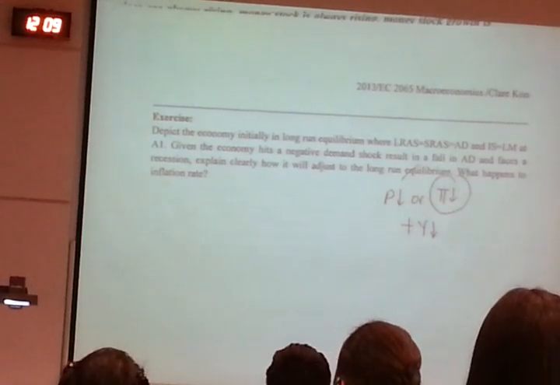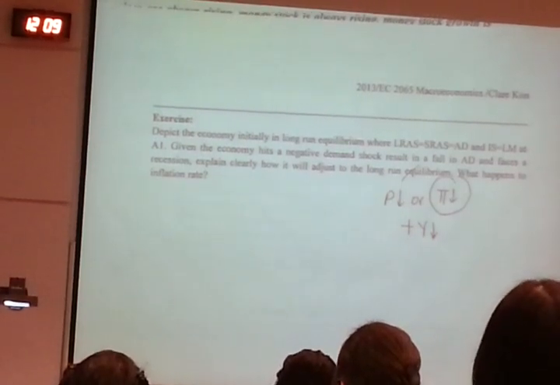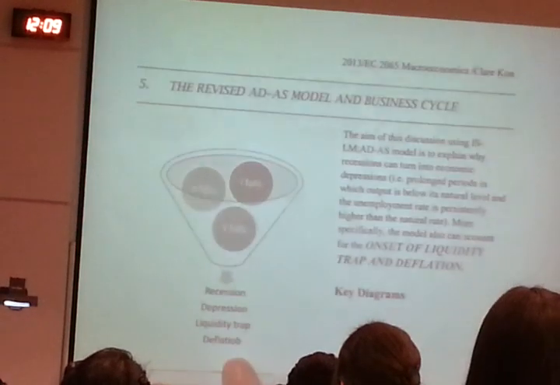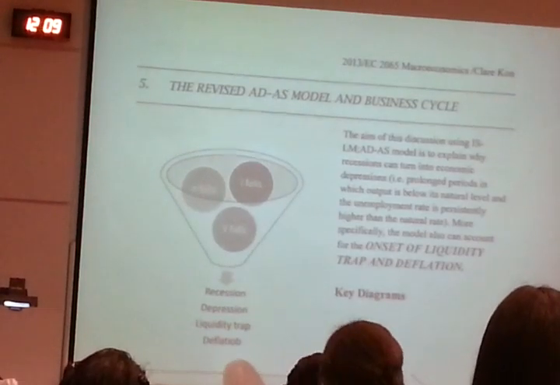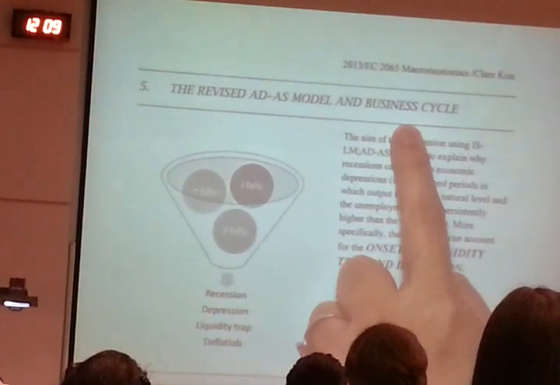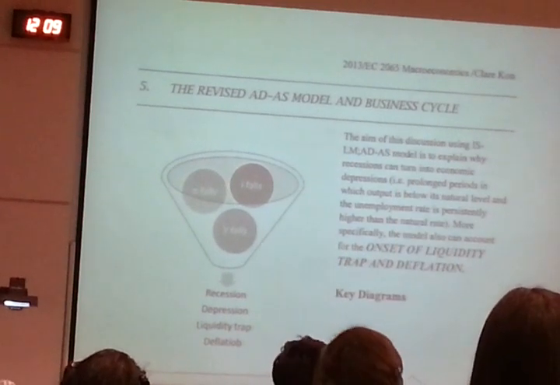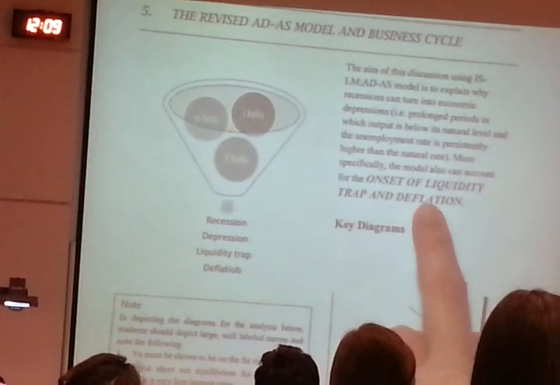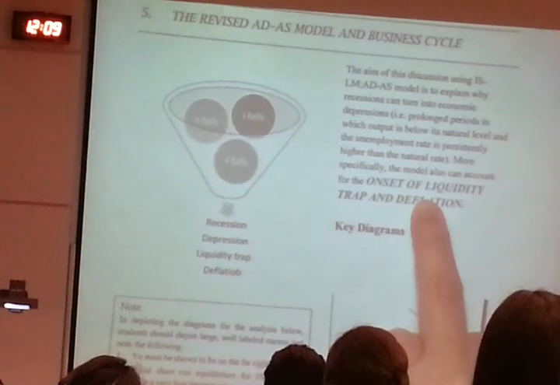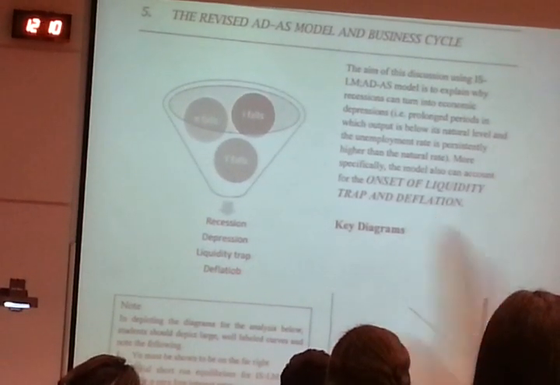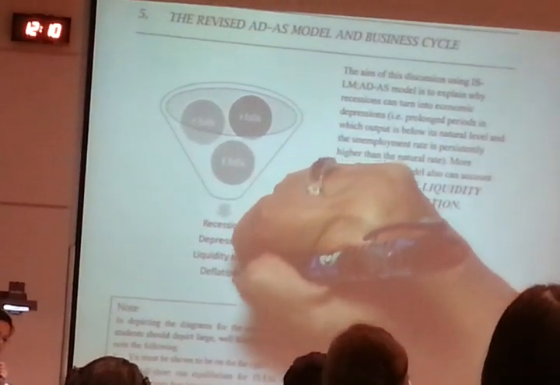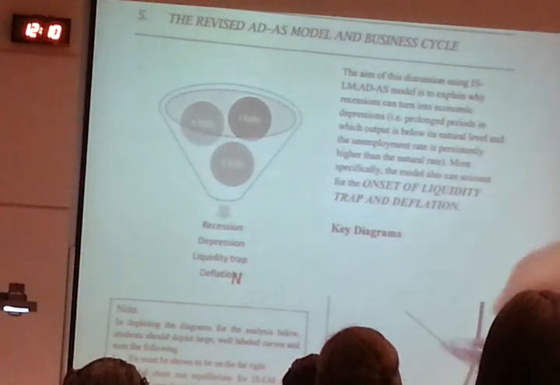But our discussion is not merely just ADAS. Eventually, this is the focus of today's lecture. We want to use the model to discuss the business cycle. We want to prove that in an economy, whenever you have a liquidity trap, you will lead on to a deflation. So we want to use our revised ADAS model to prove this.